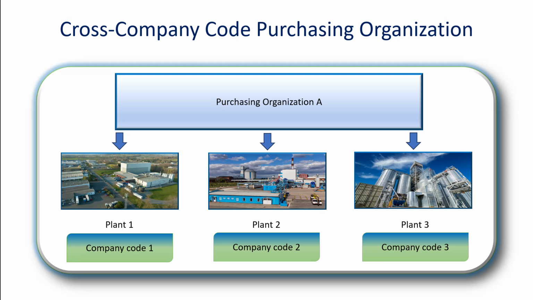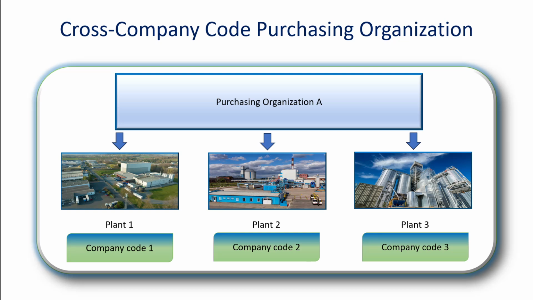So in this scenario, purchasing organization A can procure material for plant 1 in company code 1, for plant 2 in company code 2, and for plant 3 in company code 3.